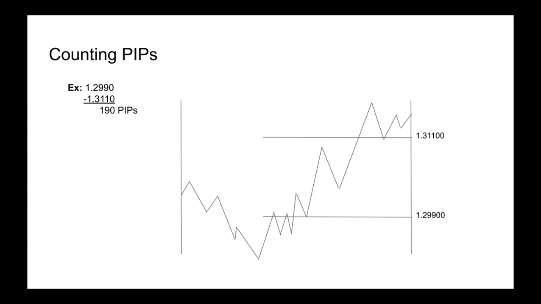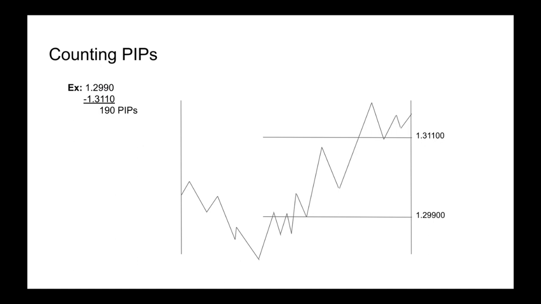The top left example tells you it's a simple problem: you take the price where your trade is entered, and then you either add or subtract the amount of pips you want to get, and that gives you your number.